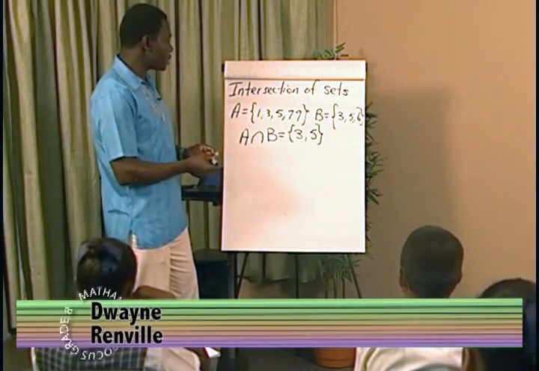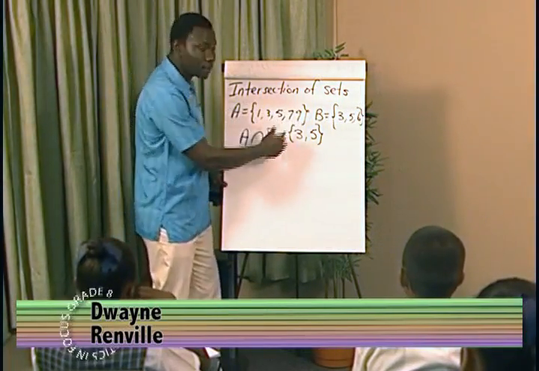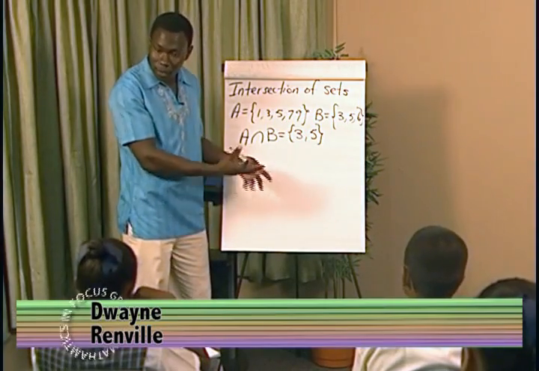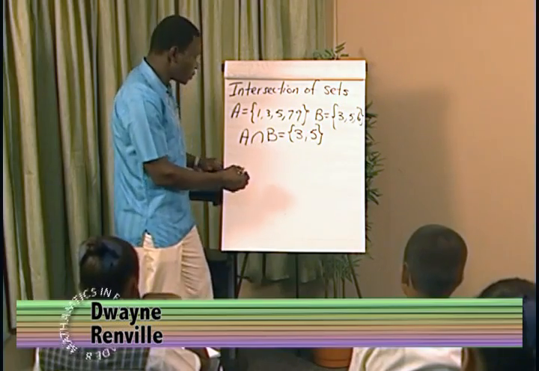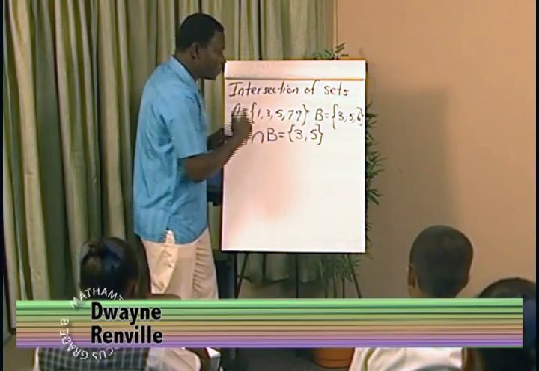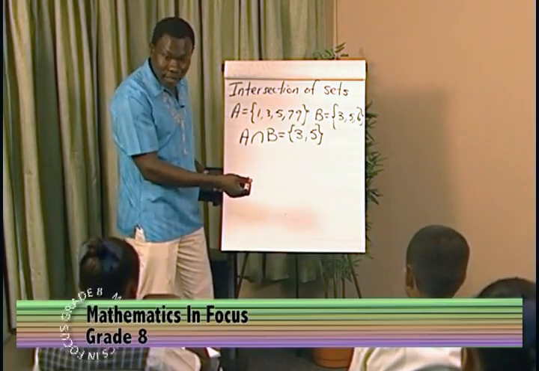So we can display these sets on a Venn diagram to see what they look like when sets are intersecting. Imagine that A and B are part of a universal set.